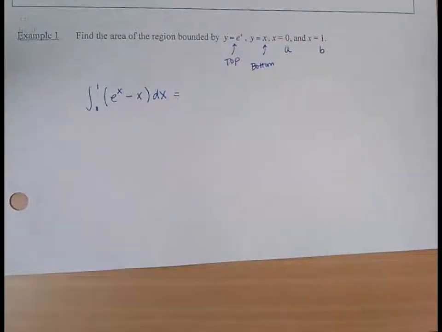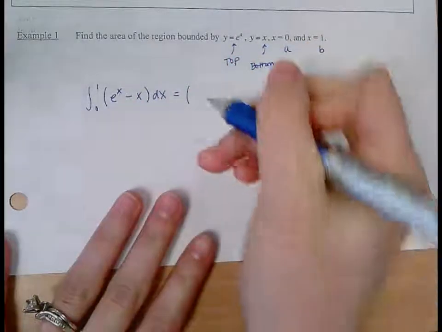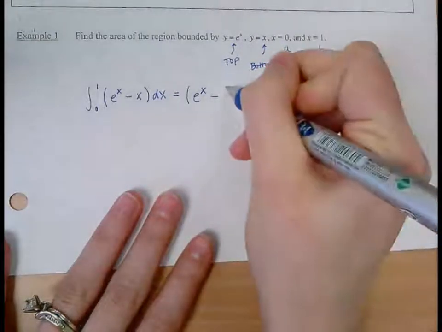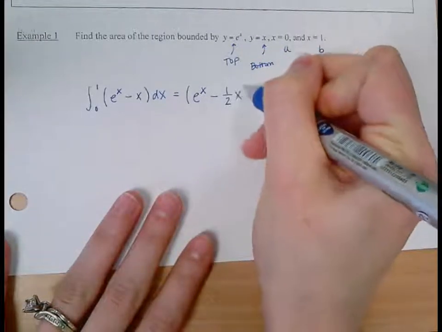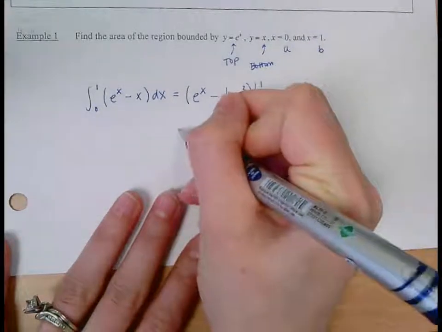Okay, so if we evaluate this integral by hand, how do we do that? Antiderivative. So we would have the antiderivative of e to the x evaluated from 0 to 1.